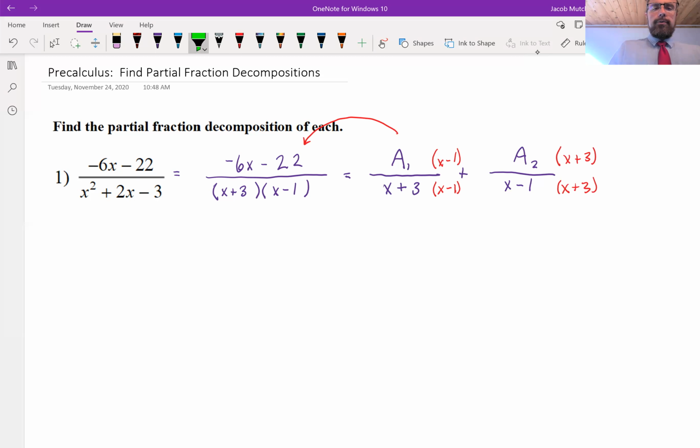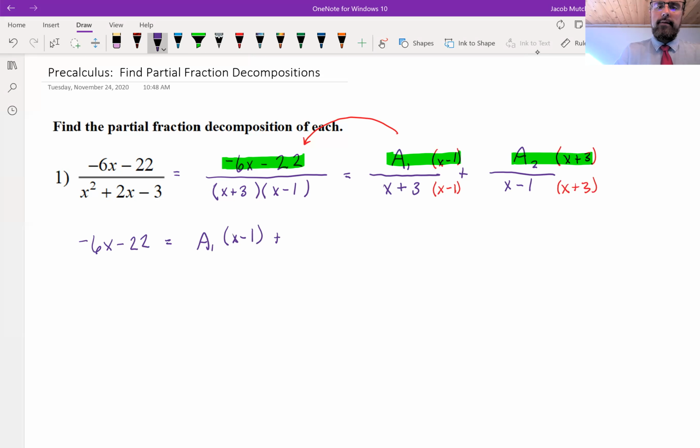And what I want to do now is create an equation where I set my numerators equal. So I'm going to record this down below. It's negative 6x minus 22, the original numerator, should equal whatever a sub 1 is times x minus 1 plus whatever a sub 2 is times x plus 3.